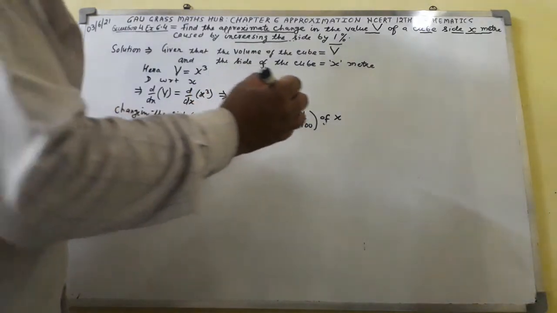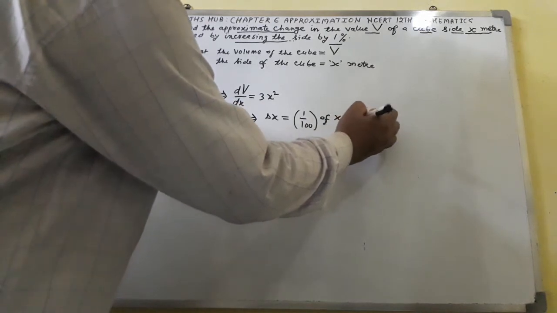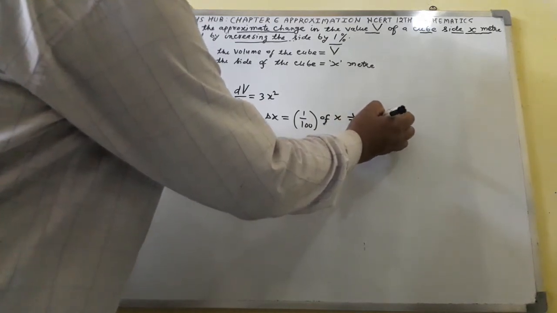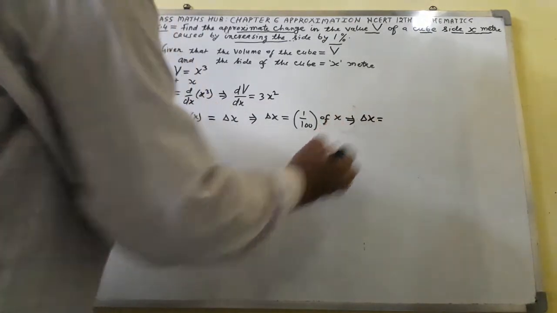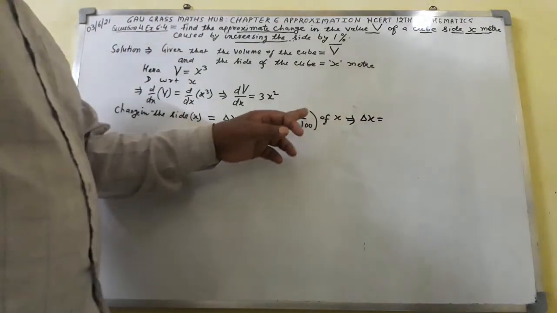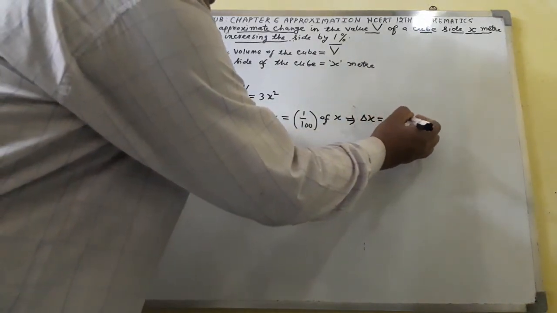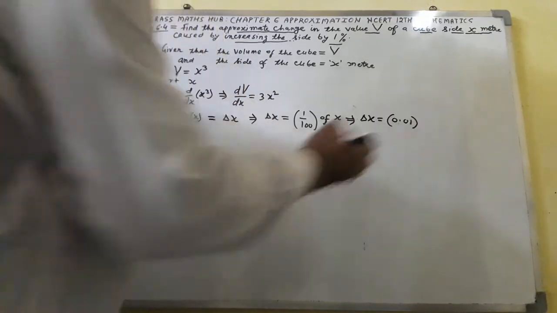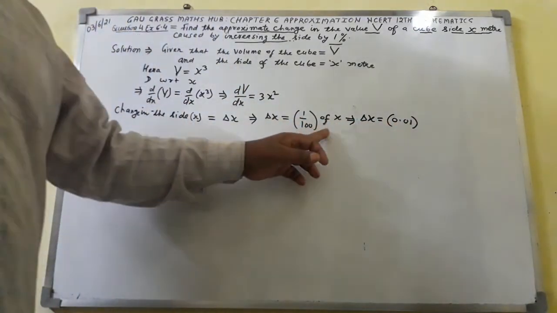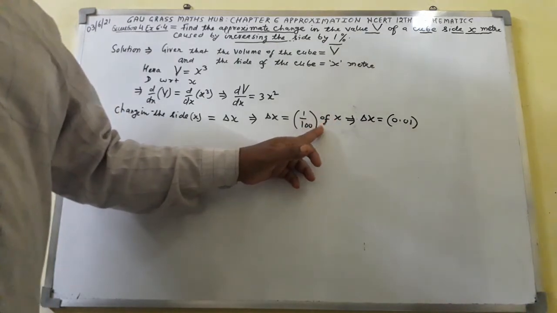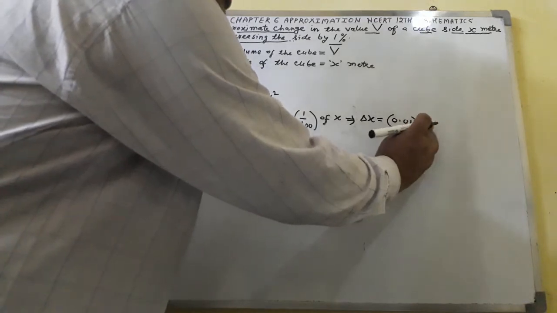Now simplify this one. Delta x is equal to 1/100 of x. 1/100 comes out to be 0.01. Of means multiply, so here write x.